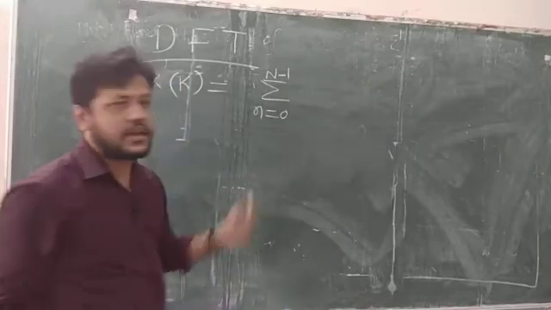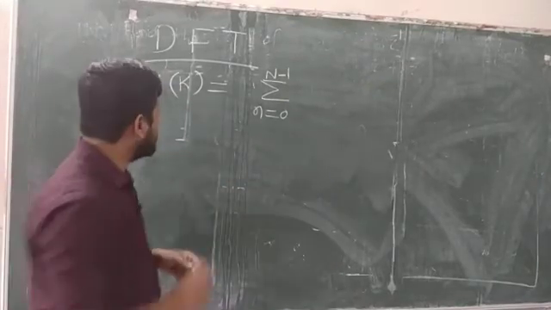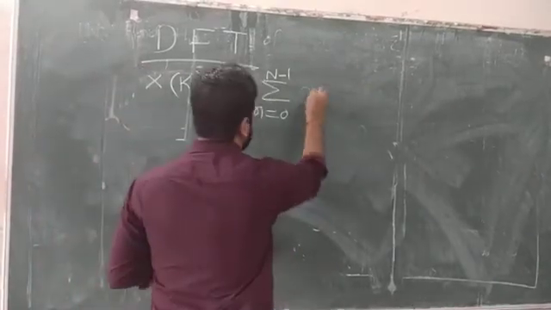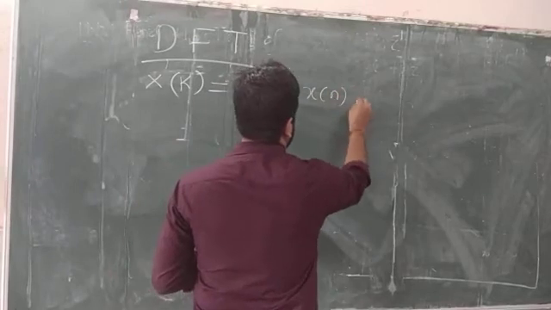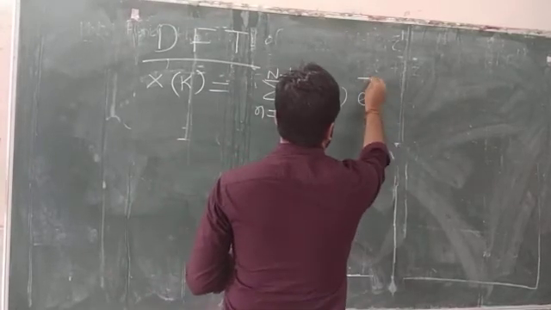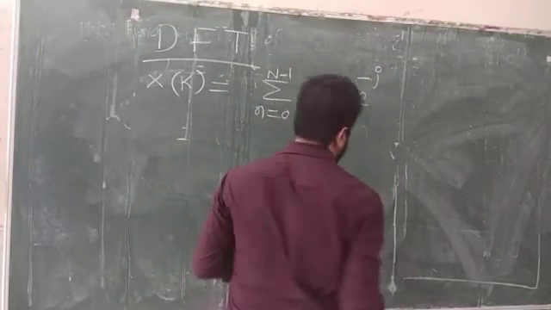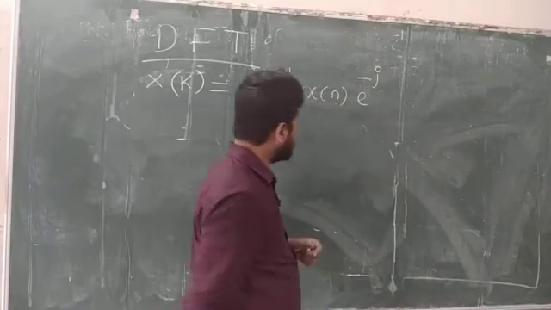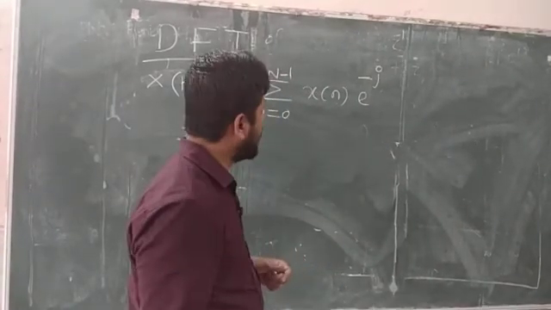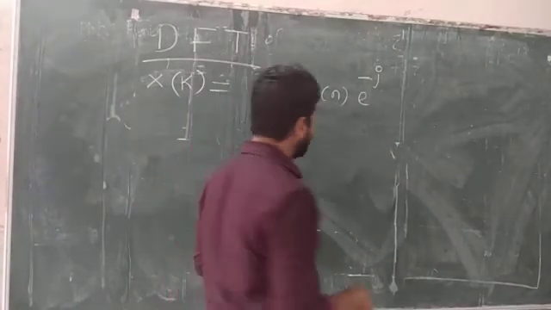So the summation over n equal to 0 to N minus 1 of x of n times e to the power minus j. Remember, this is very important. In your objective questions, they will ask you the definition of the discrete Fourier transform.